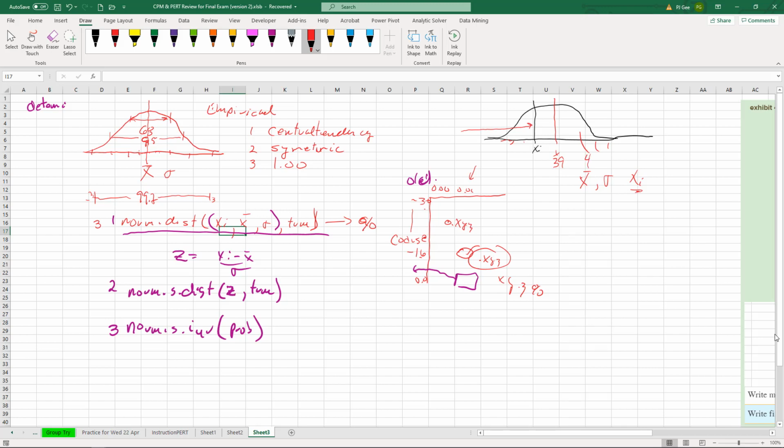What's the probability of getting it done in 42 days, given that we know the mean and the standard deviation? When we have these three things, we can figure out the probability that we don't exceed 42 days. So 42 is our x of i, the point of interest.